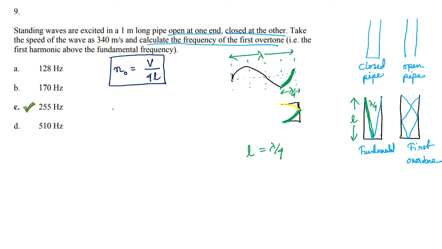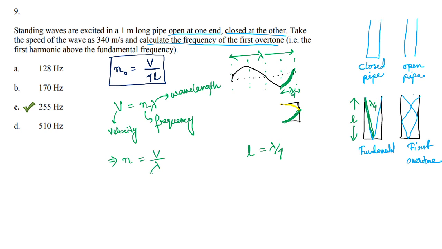Okay, now we know velocity V is equal to n times lambda, that is if V is the velocity of the wave, n is the frequency and lambda is the wavelength, then we can write n equal v by lambda, right?